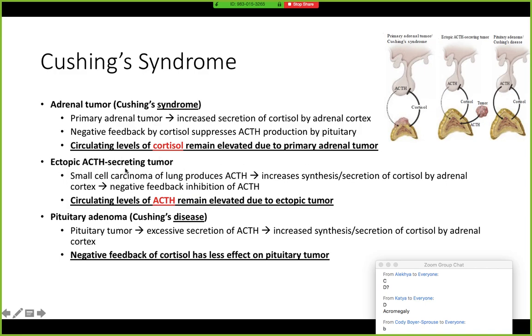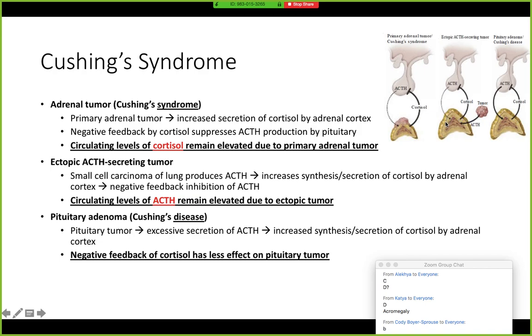Okay, the second example here is referring to an ectopic ACTH secreting tumor. So one of the common examples is small cell carcinoma of the lung. So it can produce ACTH from an ectopic location, and then the ACTH is going to increase the synthesis and the secretion of cortisol released by the adrenal cortex.